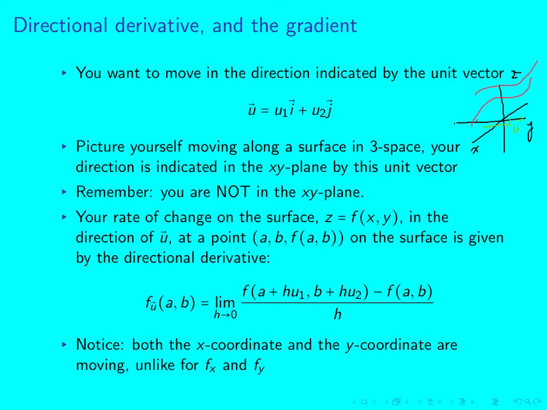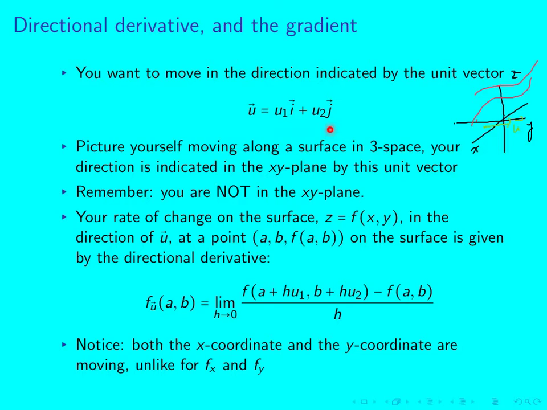And it denotes the direction that you want to move, but you're moving not in the xy plane, but on the surface in 3-space. So you move in the direction of this vector, but it's sort of your shadow as you move along the surface. You are not in the xy plane, only your direction vector is.